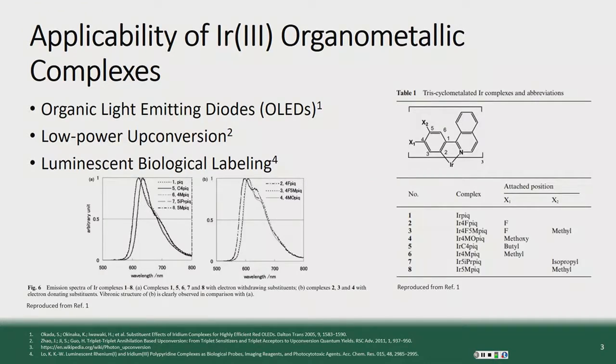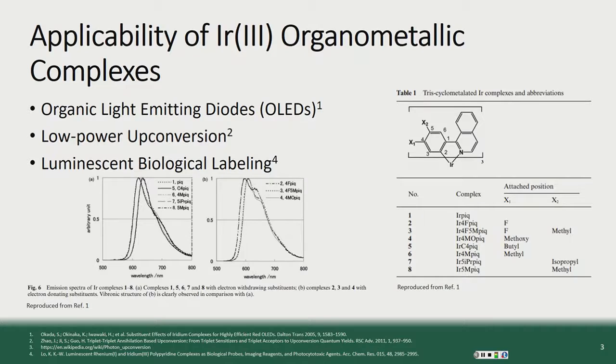Here's an example from a paper, where they're trying to tune properties of the organometallic complex to make their light-emitting diodes perform better. They did functionalization with fluorine and methoxy to try and tune where they emit.